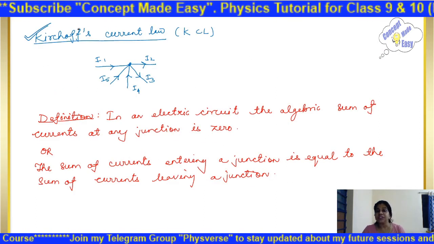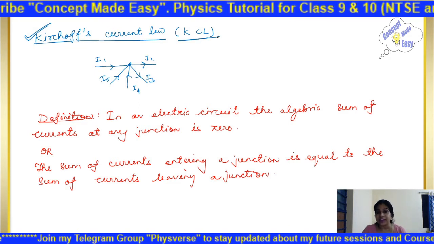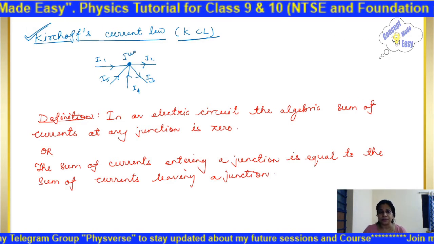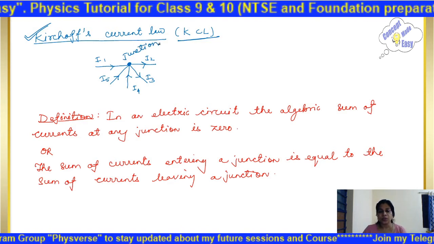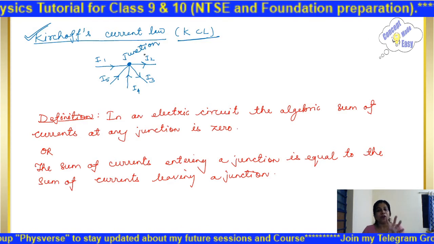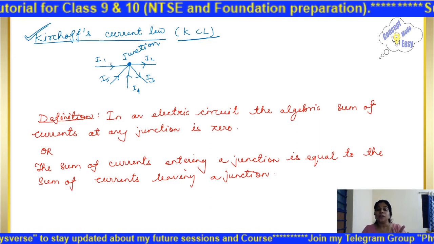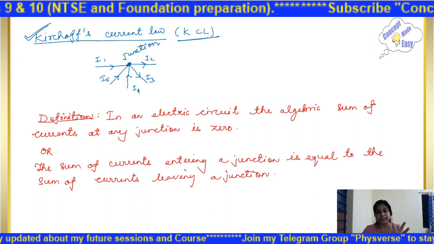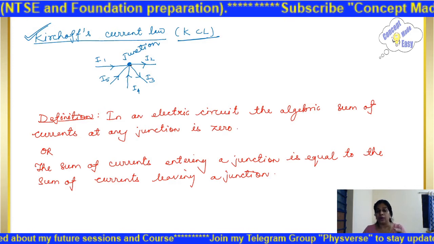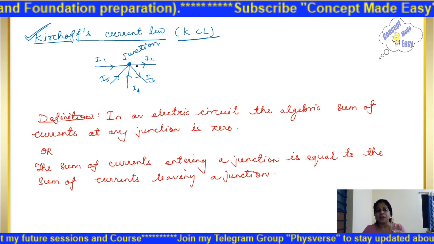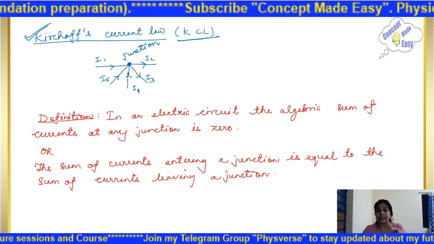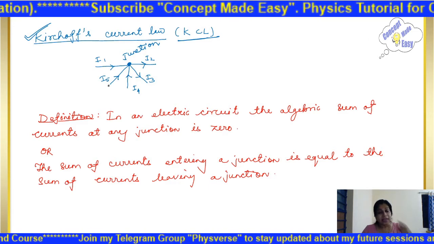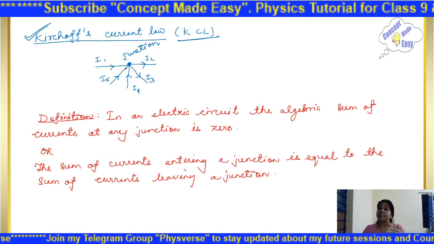Kirchhoff's current law is popularly known as KCL. As I told you, this is a node or a junction. Suppose in a particular arrangement of an electrical network, at a particular junction, current I1 is flowing, and from this junction it gets split into I2 and I3, and current I4 is coming to this junction, and also current I5 is coming into this junction.